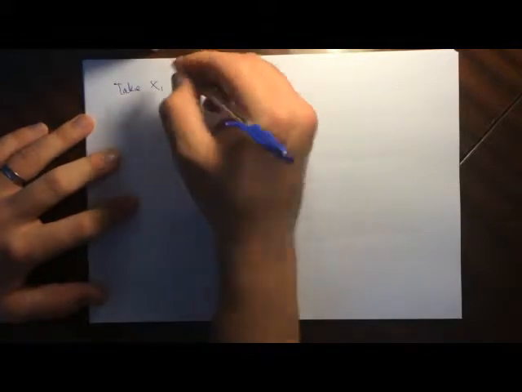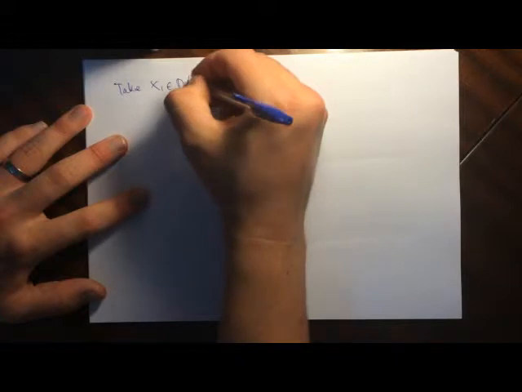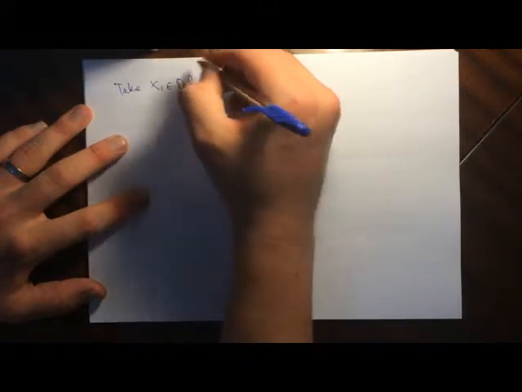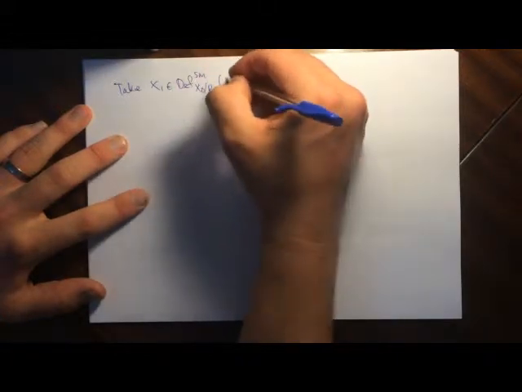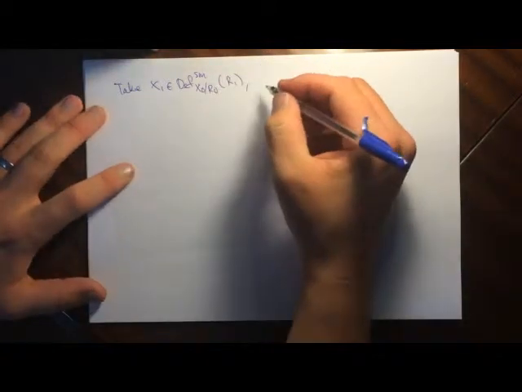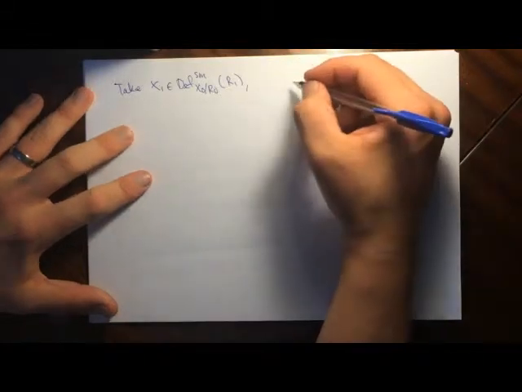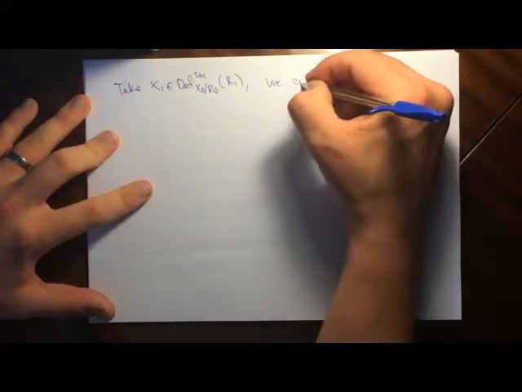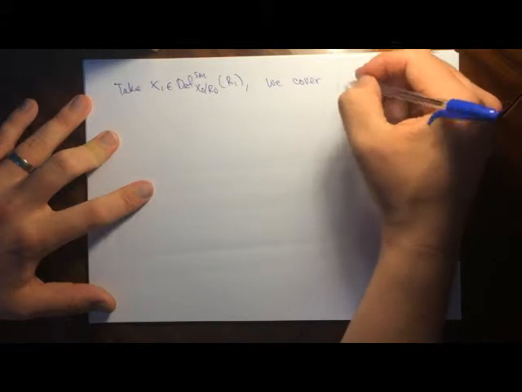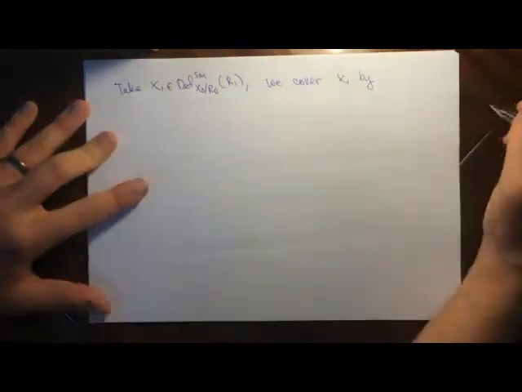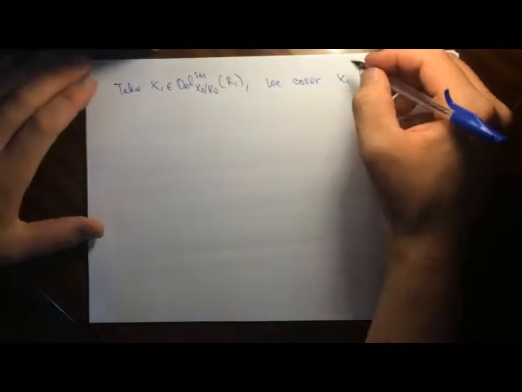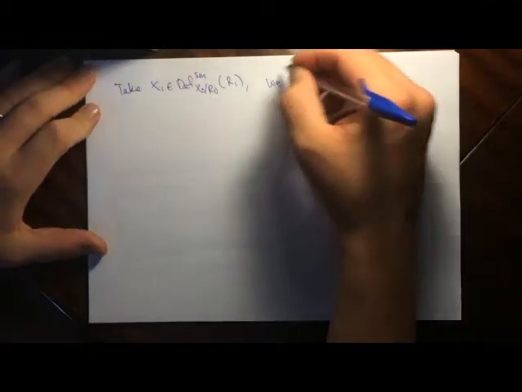Okay, so take X_1, an element of a deformation of X_0 over R_0, which is smooth over R_1. And then what we can do is we cover X. Well, let's do this.